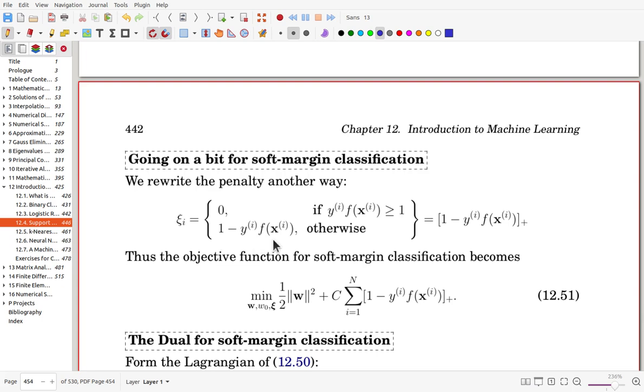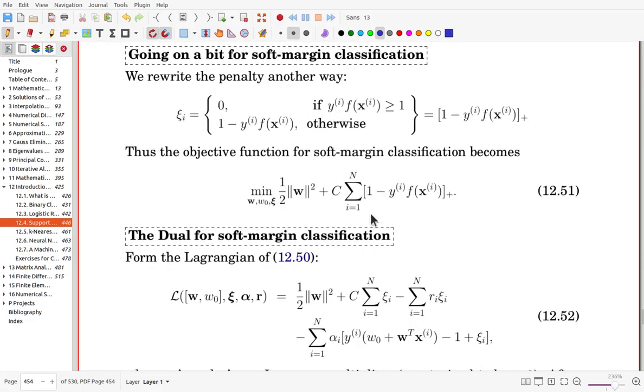Okay, so the objective function can be written in this way, and rather than psi I, we change it this way. Then for this problem, we now try to solve it, along with the Lagrange multiplier taken in.